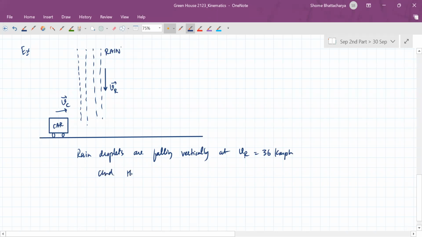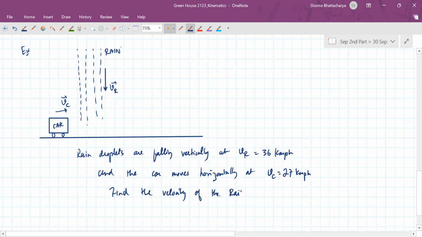And the car moves horizontally at a velocity of 27 kilometers per hour. Find the velocity of the rain relative to the car.